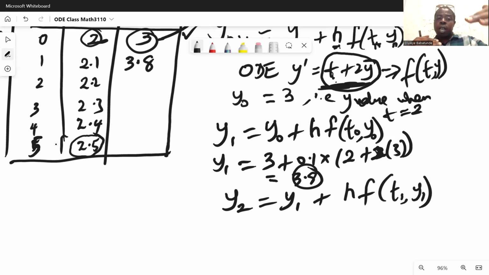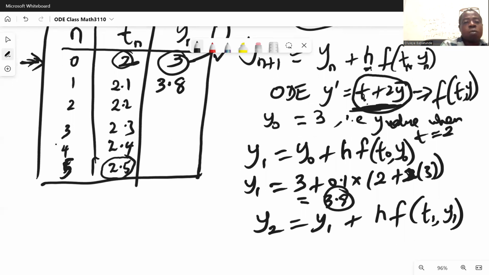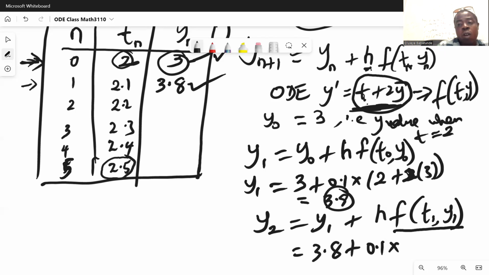You have to move to the next point in the table, when your t is 2.1, and at that point your y1 was 3.8. So 3.8 plus your h, still 0.1, times f of t1, y1.